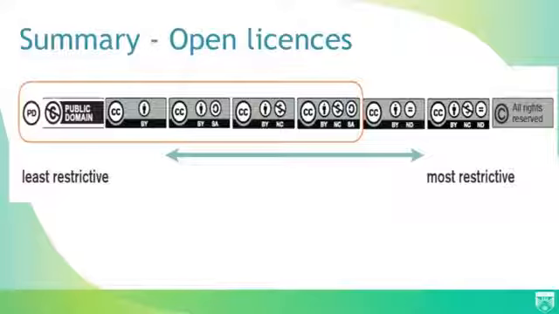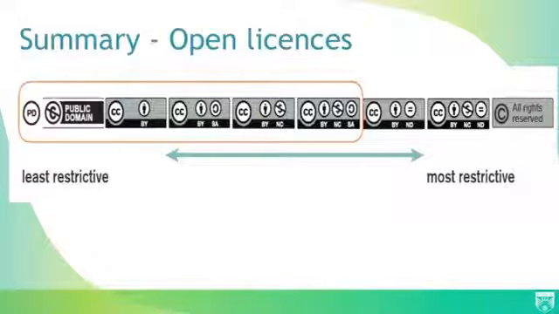People who create material and put it in the public domain do not even insist on attribution. So this is the most free, least restrictive of all licenses. So that is a public domain license. And then you have the CC licenses. CC BY is, as I said, the most flexible and the most generous of all licenses, where the creator of the material only needs an attribution.